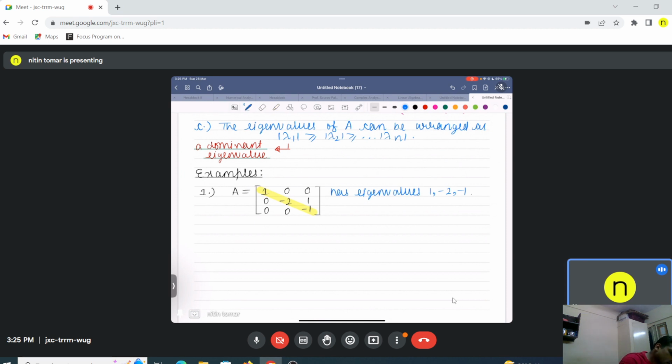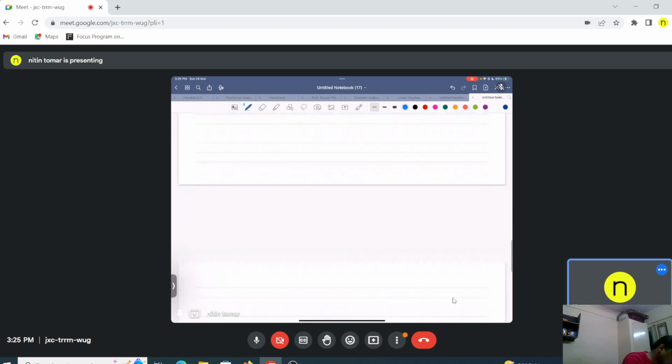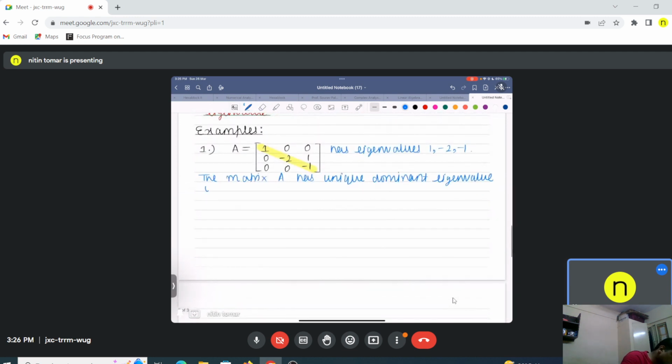In this case, the matrix A has a unique dominant eigenvalue, and what is it? It is minus 2.